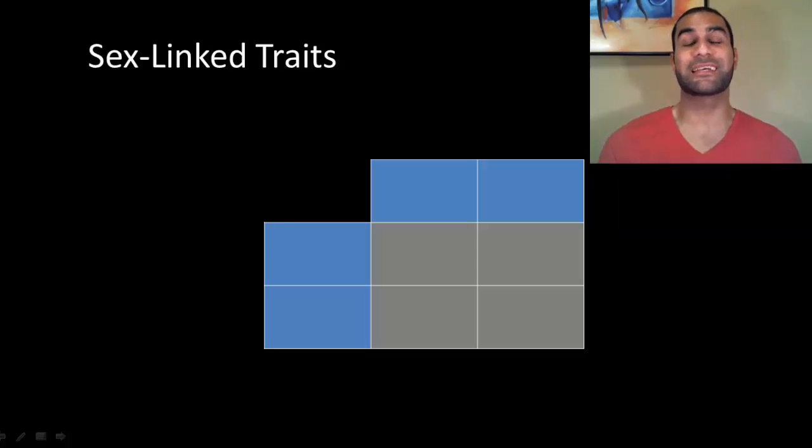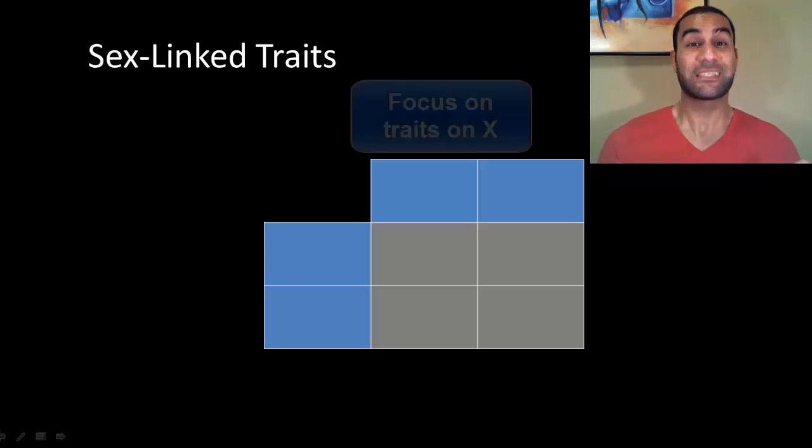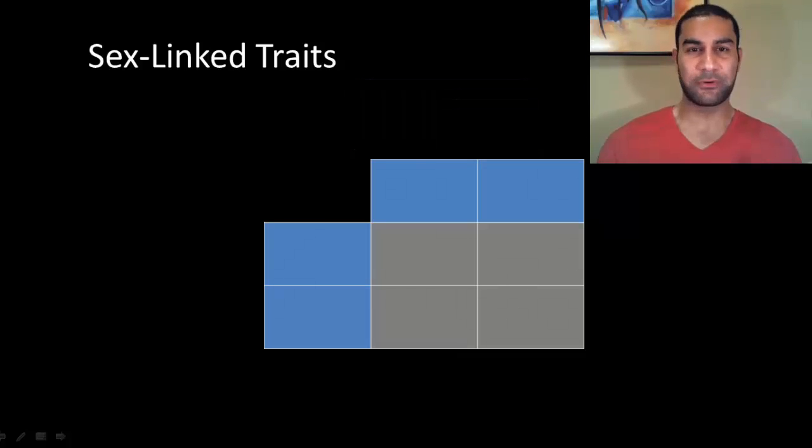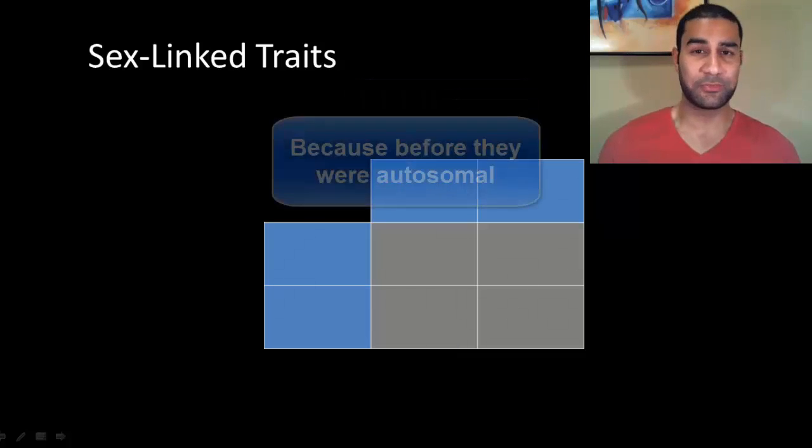So when we're dealing with sex-linked traits, we're dealing with traits specifically on sex chromosomes, and in this case we're only going to talk about traits on the X chromosome. So if there's a trait on the X chromosome that's dominant or recessive, we can't just use a random letter and make it the capital and the lowercase and leave it at that like we've been doing before.